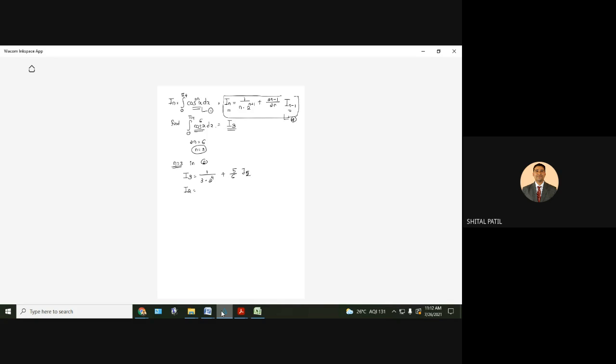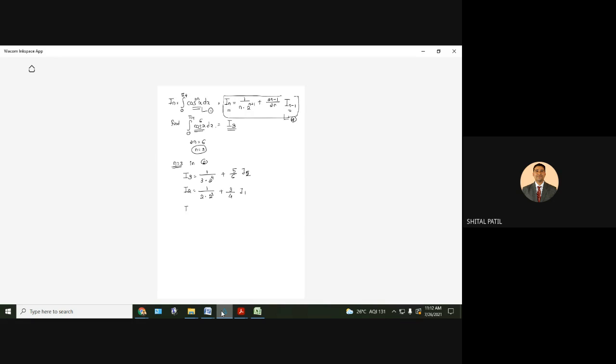So substitute n equal to 2 in the equation number 2 once again. So 1 upon 2, then 2 raised to 2 plus 1, 3. 2 raised to 3, plus n equal to 2, so 4 minus 1, 3, 3 divided by 4, I1. Now we want to find I1.